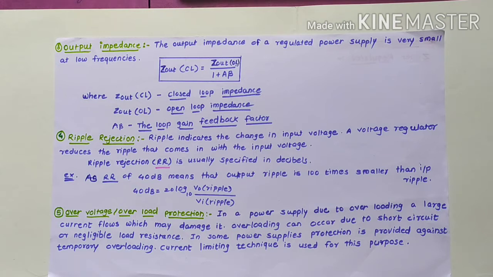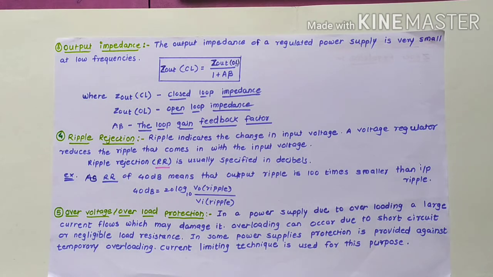So this is also one of the most important characteristics, that is overload or over voltage protection. In short, we can use this overload circuit in the form of voltage stabilizers for different types of electrical equipment.